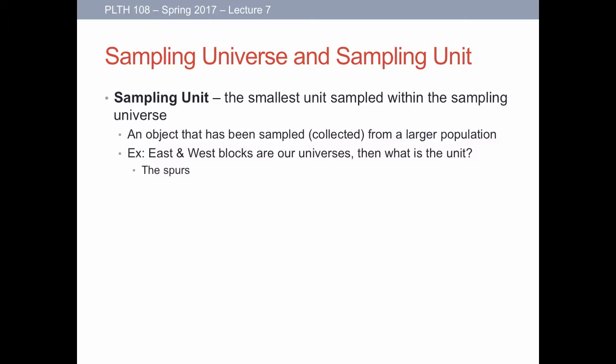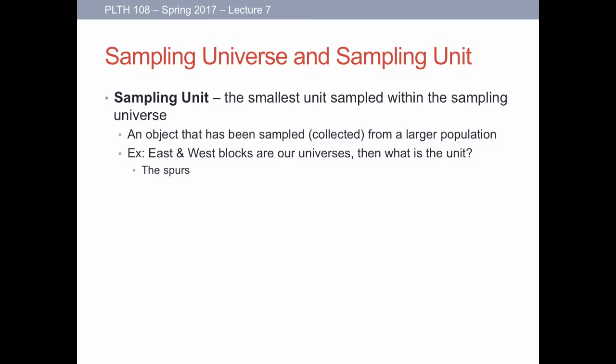If we're out sweeping alfalfa for alfalfa weevils, the smallest unit is the sweep, the individual swing of the net, those sorts of things. Because we are actually counting the pests that are on that spur, the pests that are in that net. If we're doing nematodes, we're counting the number of nematodes in the gram of soil.